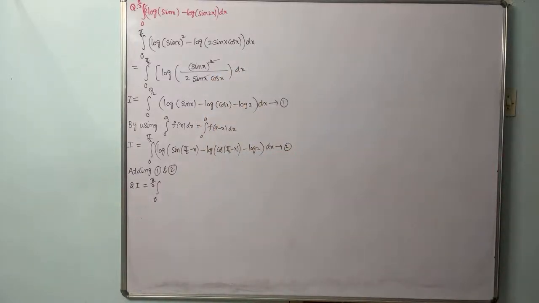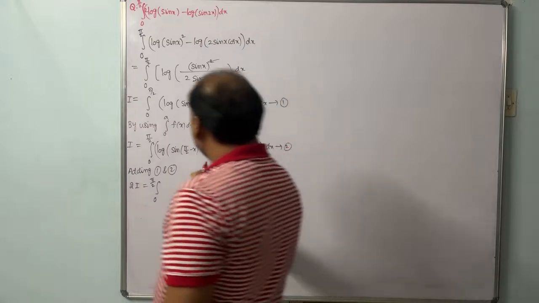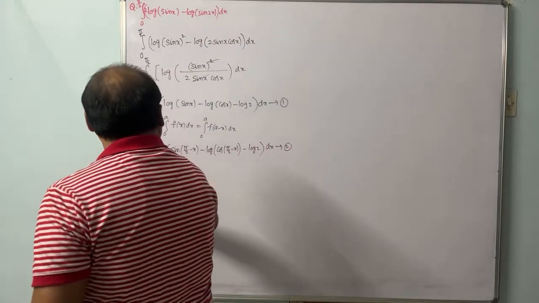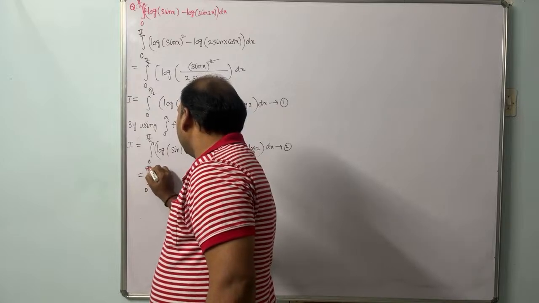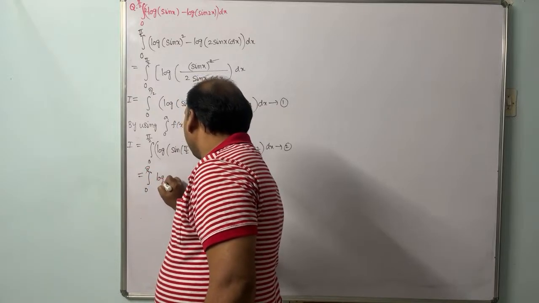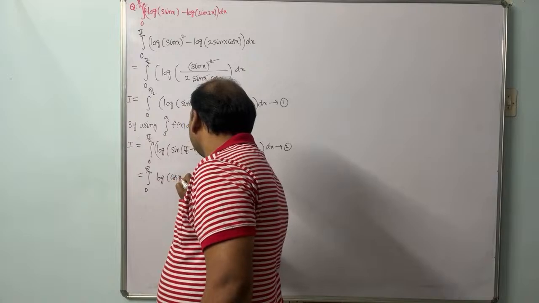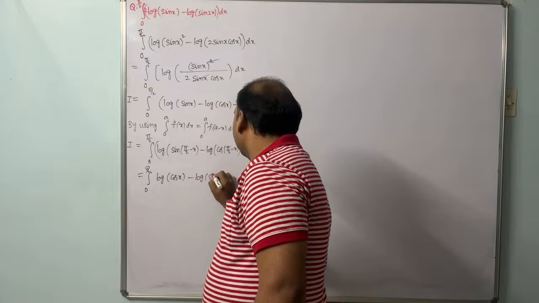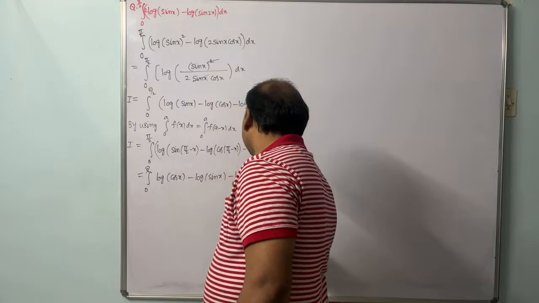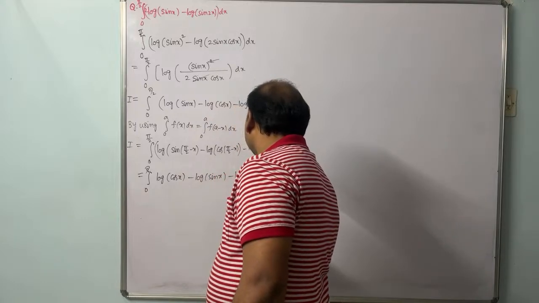Okay, I'm very sorry. First we need to simplify before adding. So which is equal to integral 0 to pi by 2 log of cos x minus log of sin x minus log 2. Okay, dear students.